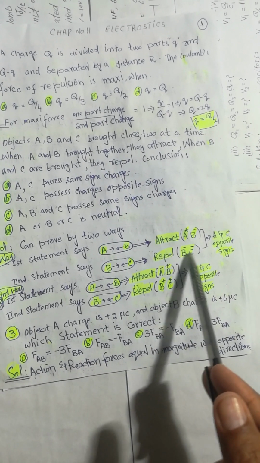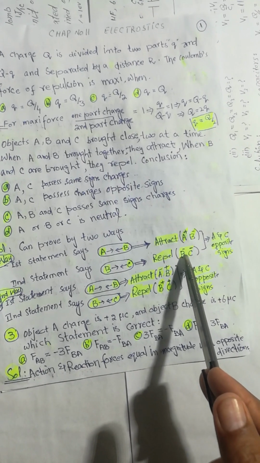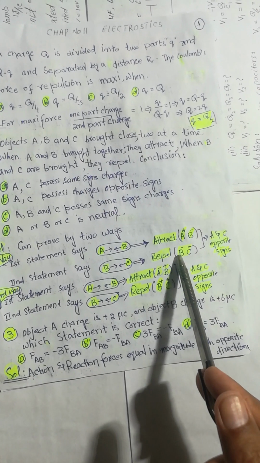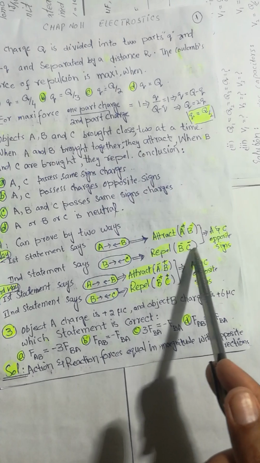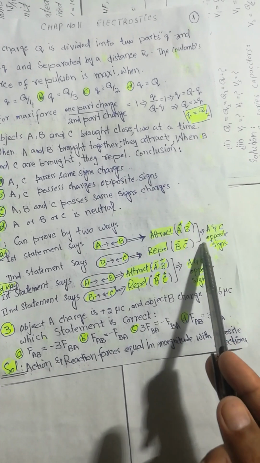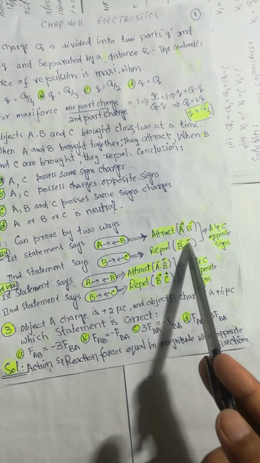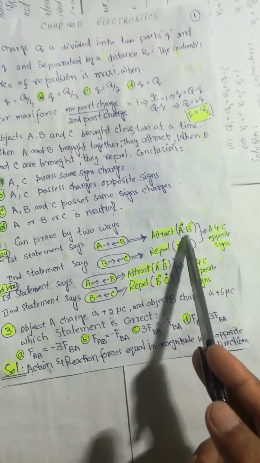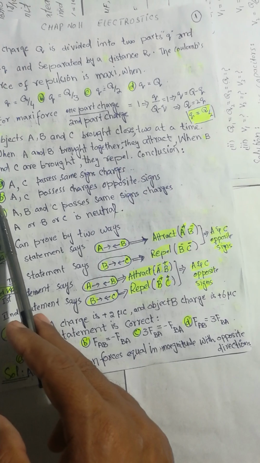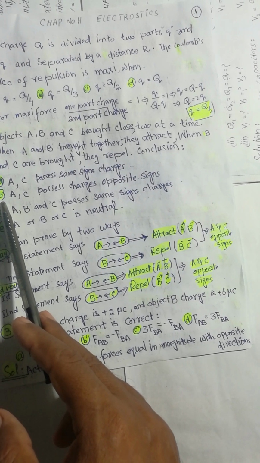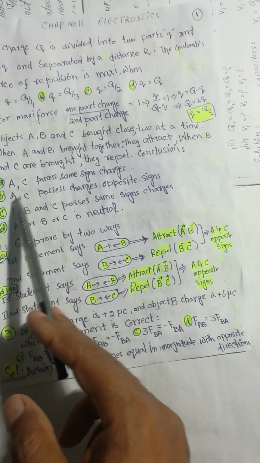Repel means that both the bodies have the same signs of the charges. So from this we conclude that objects A and C have opposite charges, which is present at option number B. This option B is correct.